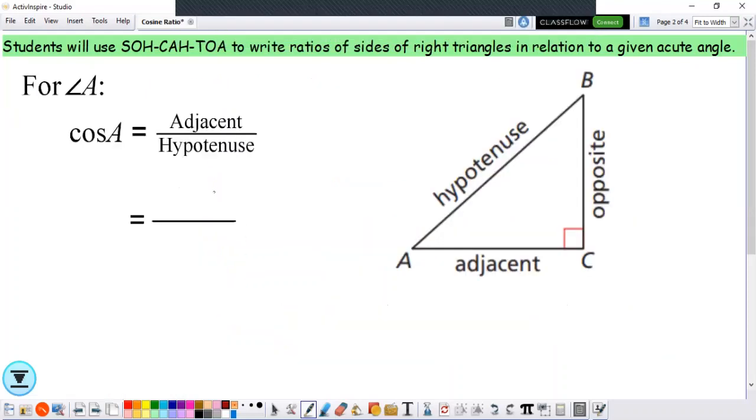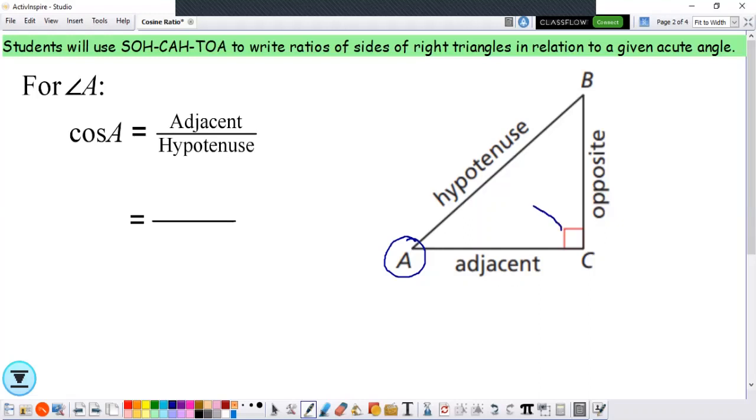So as was just stated, cosine is adjacent over hypotenuse. And as you should usually do with any triangle, you should identify how the sides relate to the angle. In this particular triangle, it has already been done for us. So we are looking at angle A, and I'm going to circle angle A. We are looking at the adjacent side and the hypotenuse.